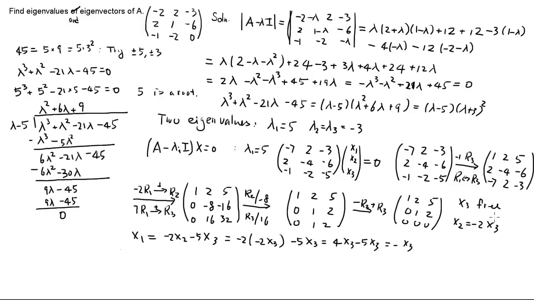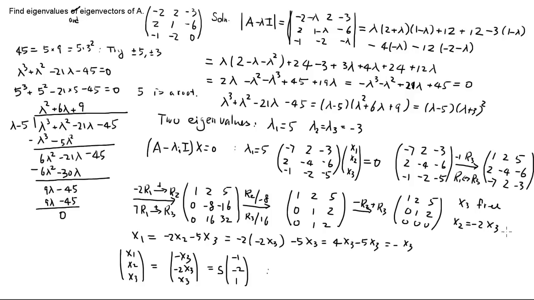So in terms of vector form, we have x1, x2, x3 over here is equal to negative x3 and negative 2x3 and x3, like this. If we pull out x3, this is the vector we have, or we can say we put s over here, and it's negative 1, negative 2, and 1.